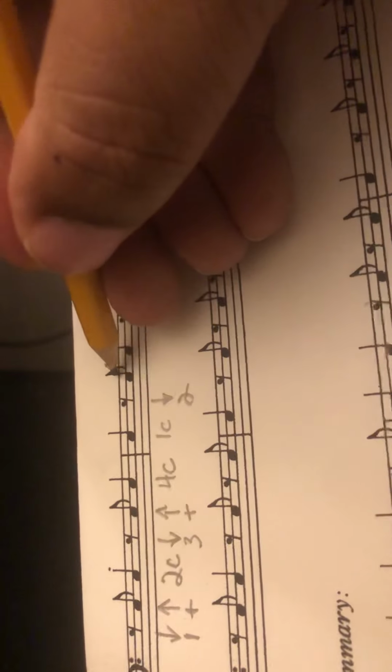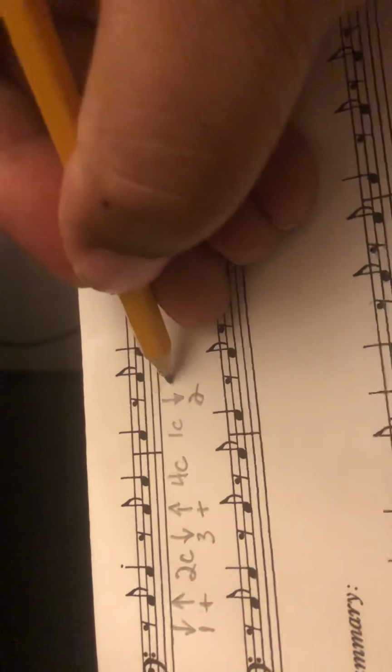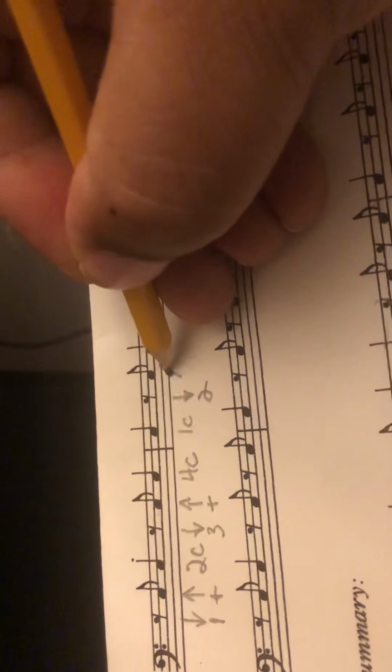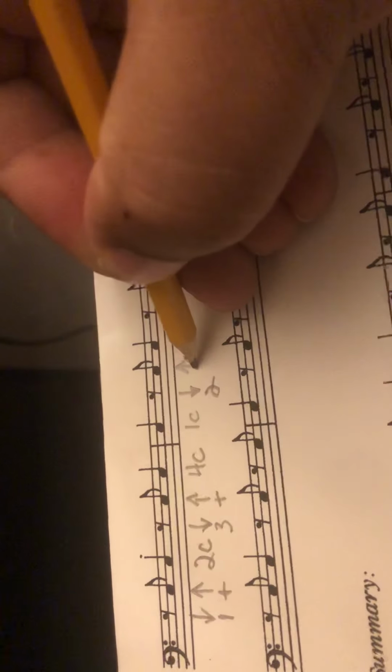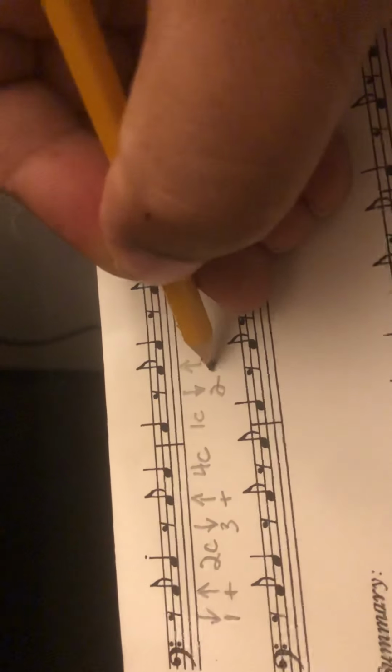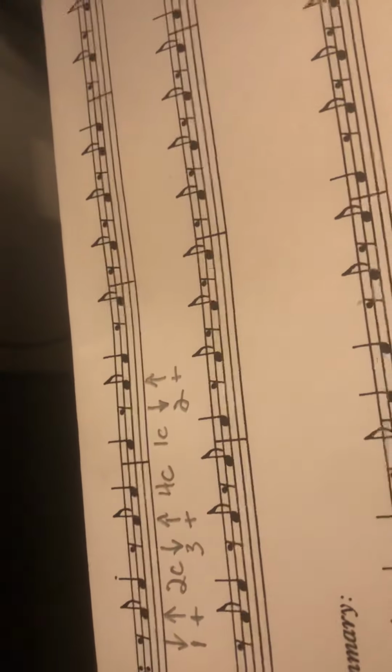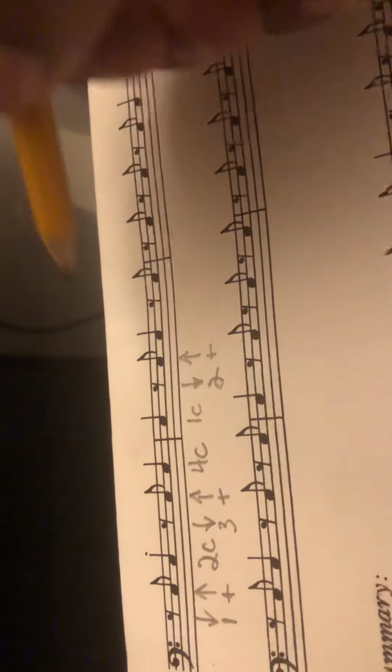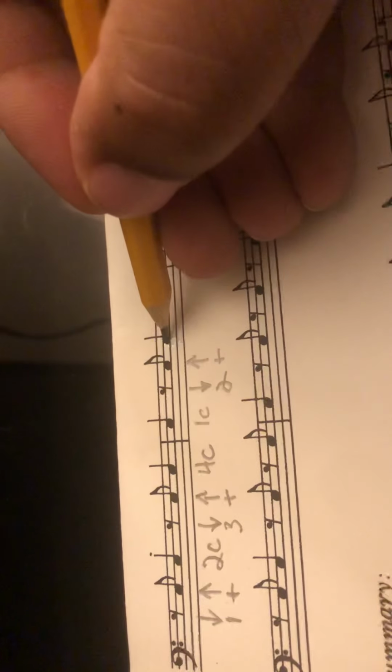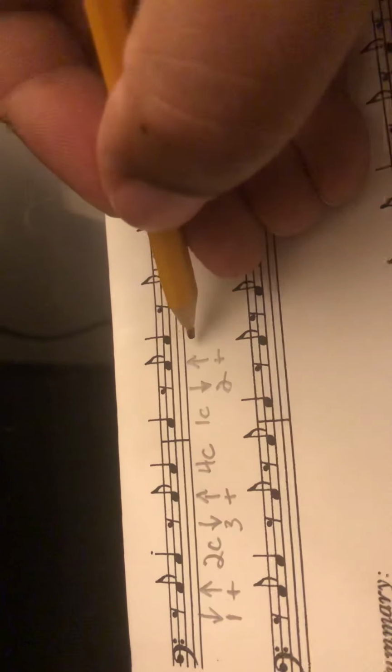And then we have an eighth note, which is another half a beat, and it fulfills the second half of the upbeat of 2. Then right after that, I have a full quarter note.